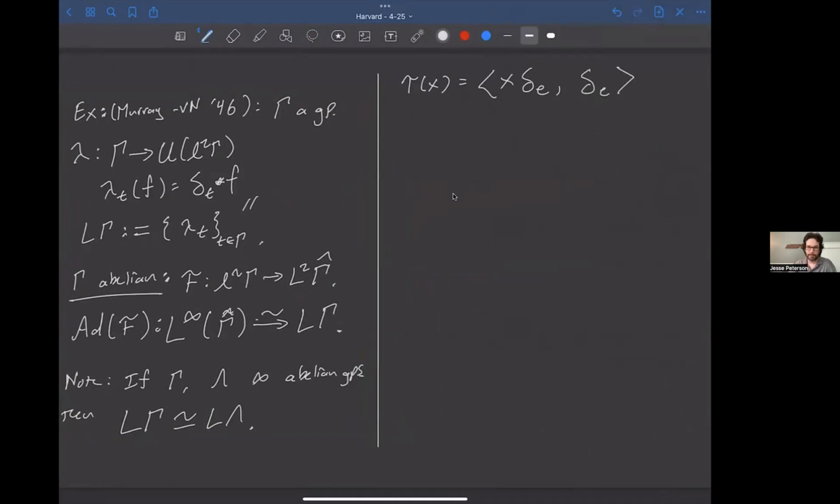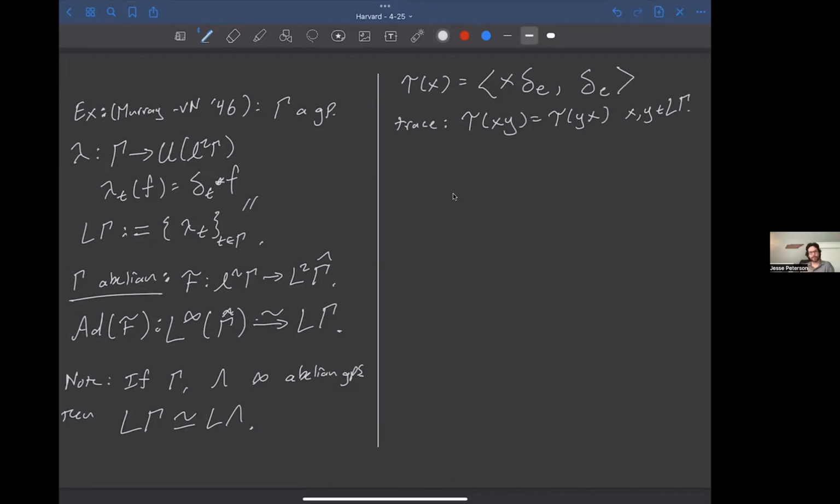So this is a positive linear functional. That's easy to see. It's given by this vector state, and it satisfies the very nice property that this is a trace, i.e. that tau of xy is equal to tau of yx, for all x and y in the group von Neumann algebra.